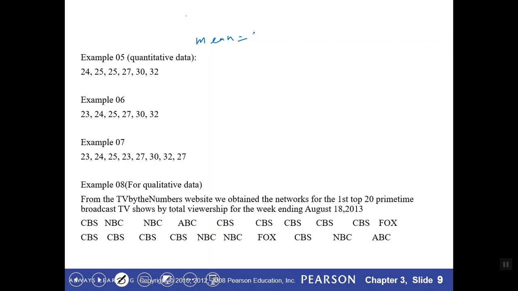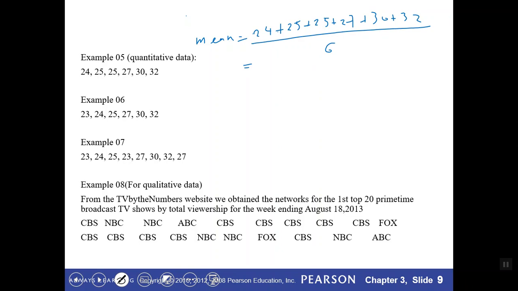Here it is, let's see, 24. Order doesn't matter. 25, 25 plus 27, 30 plus 32, divided by the number of observations. There are 1, 2, 3, 4, 5, 6 observations, so you can calculate the mean by using your calculator.